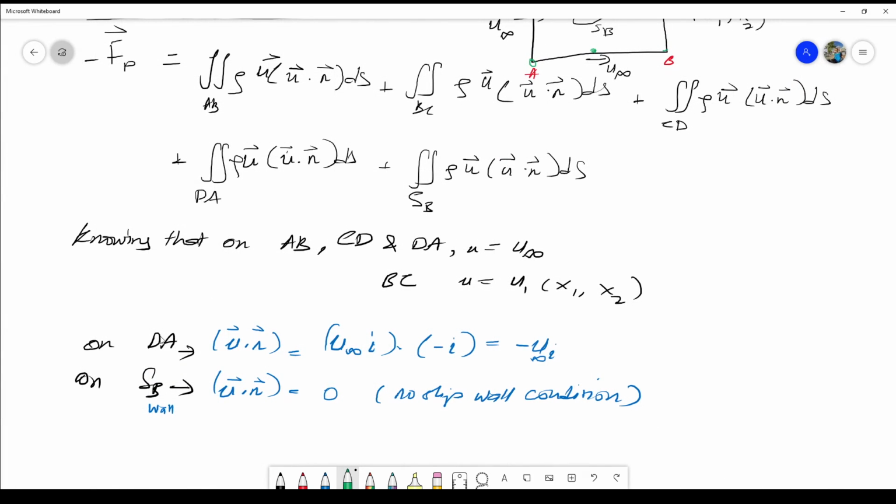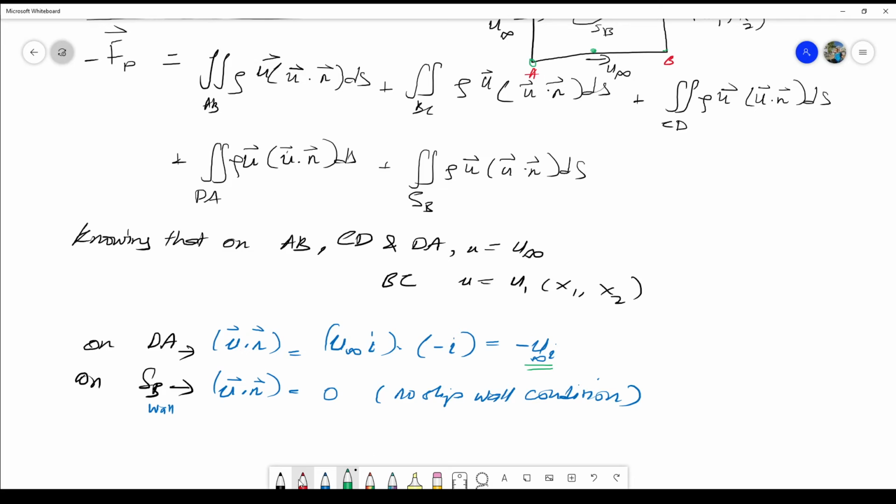And on the surface DA, which is at the inlet position, the term u dot n is equivalent to negative u infinity, and on the wing surface, the term u dot n is equal to 0. That means there is no velocity on the surface of our wing due to the no slip wall condition.